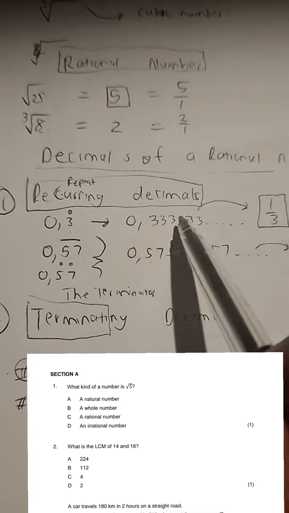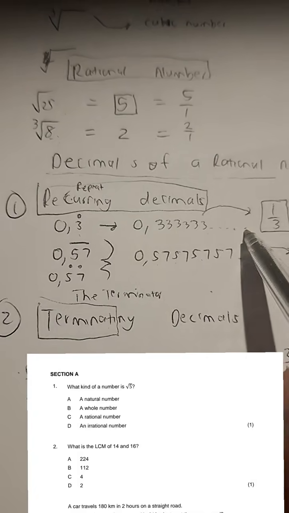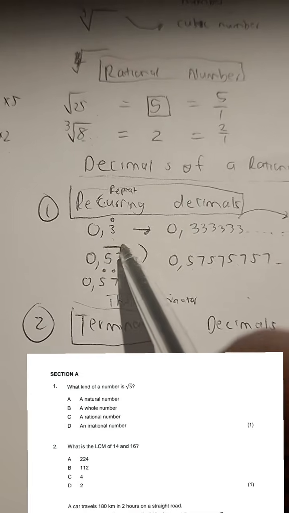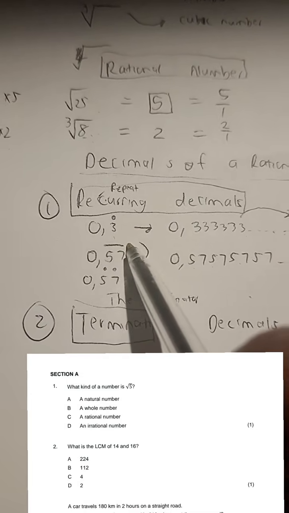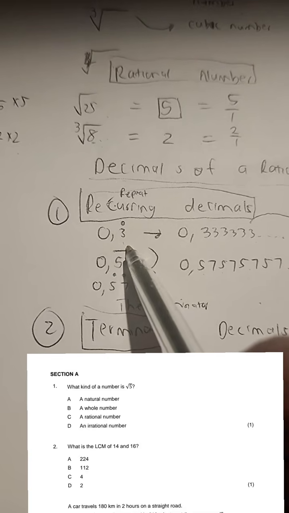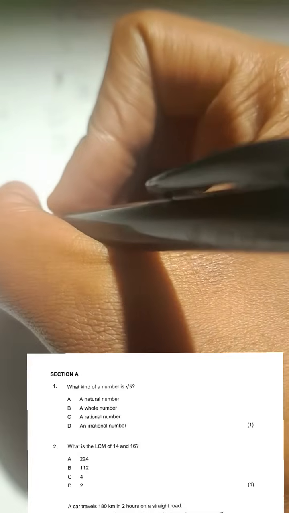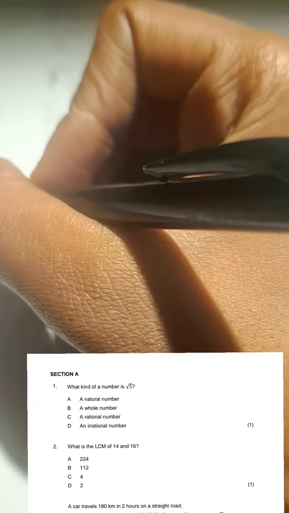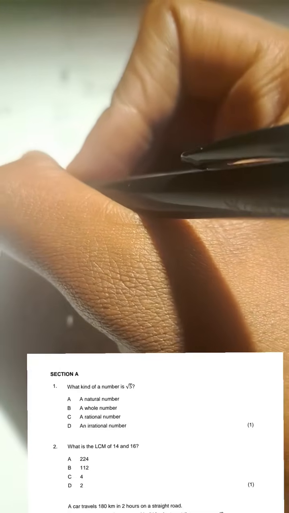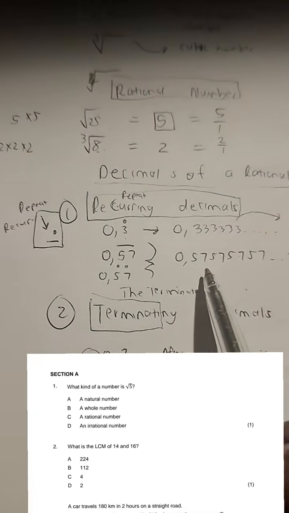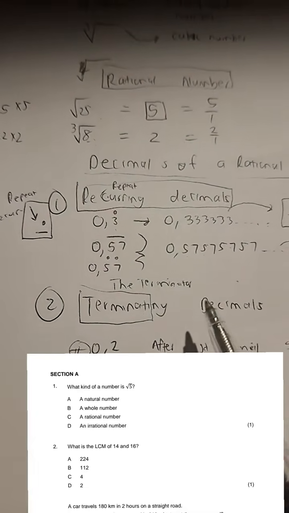You can see the dot is just to indicate that this 3 is going on forever. 0.57, and on top of the 0.57, if you have a line on top, this also means a repeat. So a dot and a line are the 2 symbols that stand for repeat or recur. And these all fall under rational numbers.